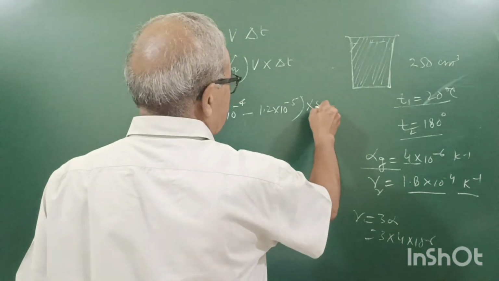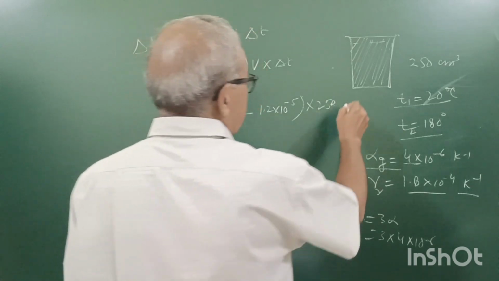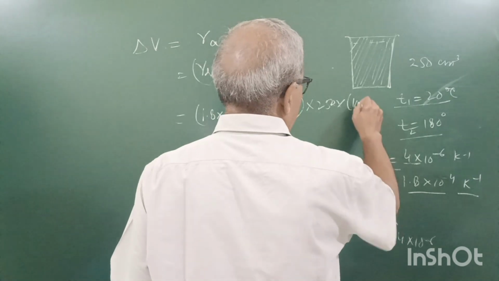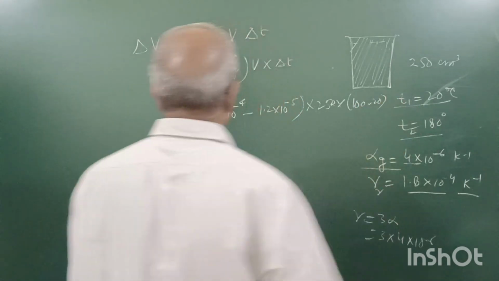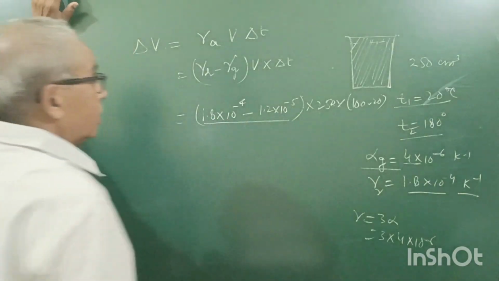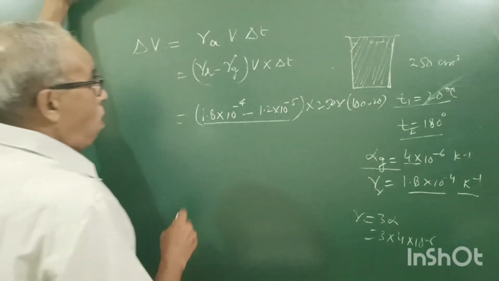It is 250 cc, 250 centimeter cube. Delta T is 100 minus 20, 100 minus 20. You solve it. Here is where students feel unable to solve this.